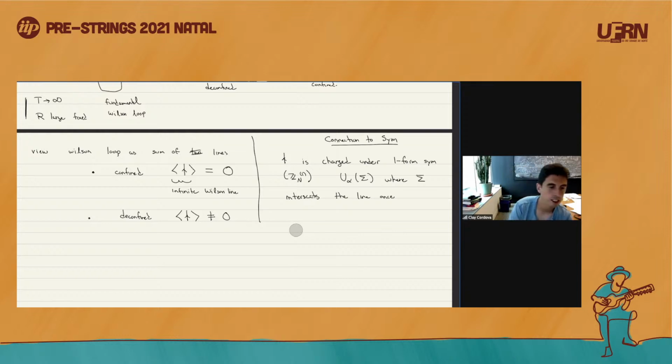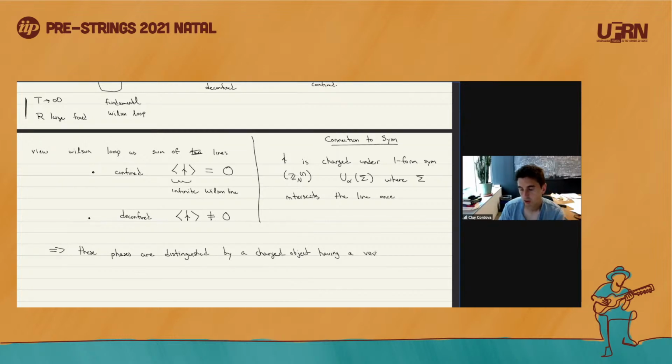So what we see is that these phases are distinguished by a charged object having a vev. And this is, of course, the hallmark of spontaneous symmetry breaking.